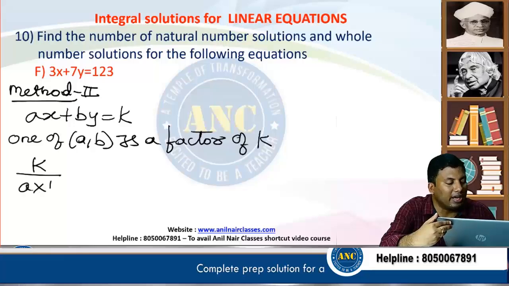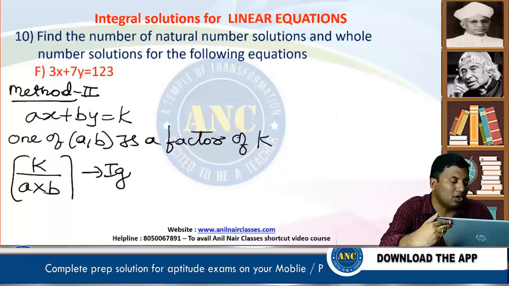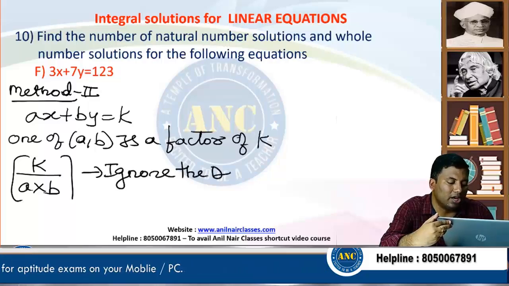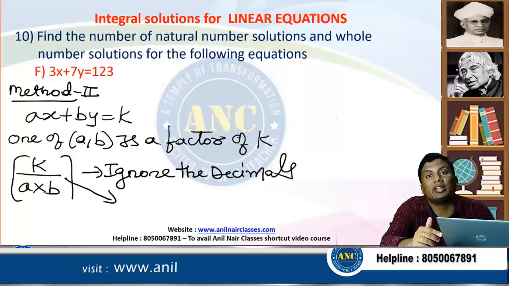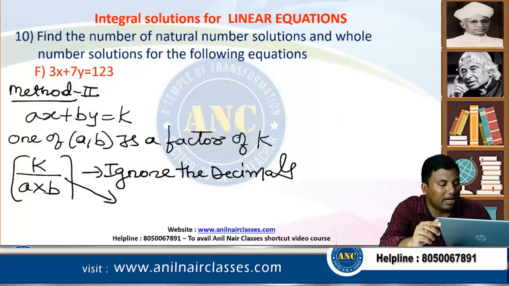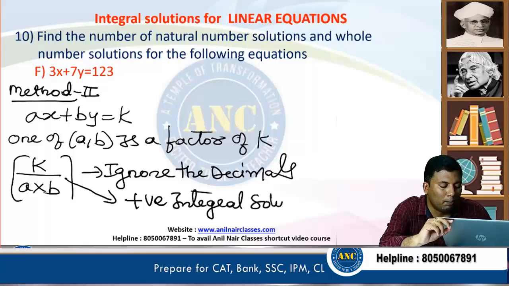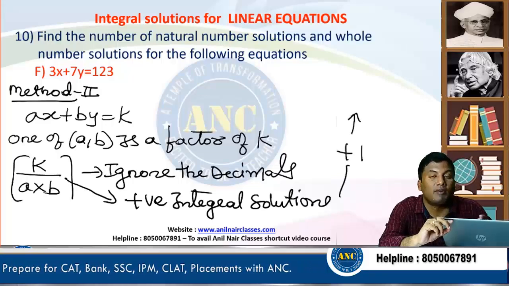If you get any decimal, ignore the decimals. The value after ignoring the decimals of k by a into b is nothing but the positive integral solutions.